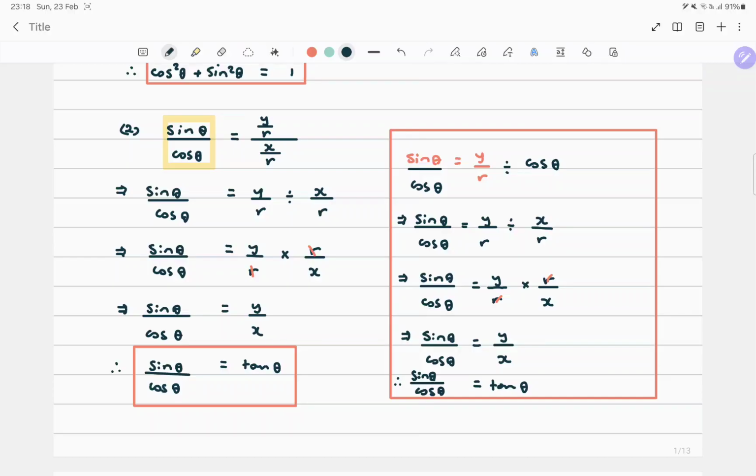So technically, as I said, we can divide by anything in maths as long as we do the same to both sides. If we have an equation, which we will see by an equal sign, if we do something to the left hand side, we also do it to the right hand side.